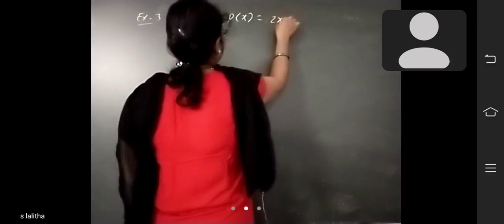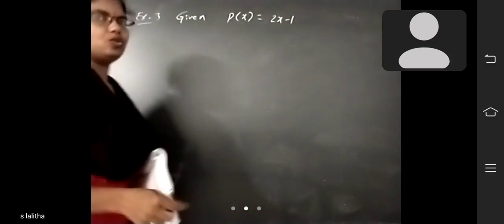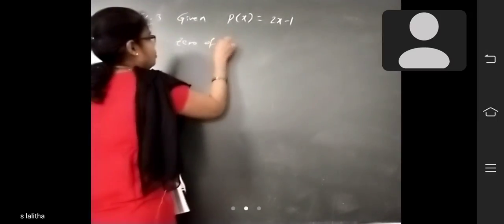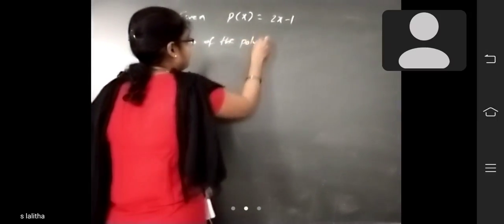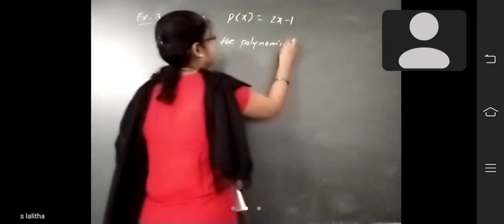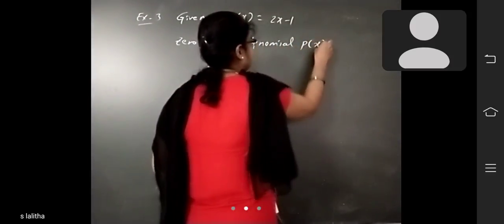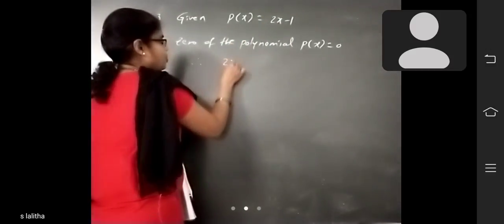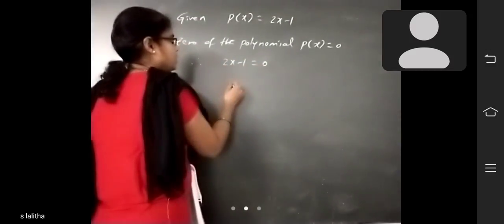Given P of x is equal to 2x minus 1. So what is the 0 of the polynomial? The 0 of the polynomial is P of x equal to 0. So what is P of x? 2x minus 1 equal to 0.